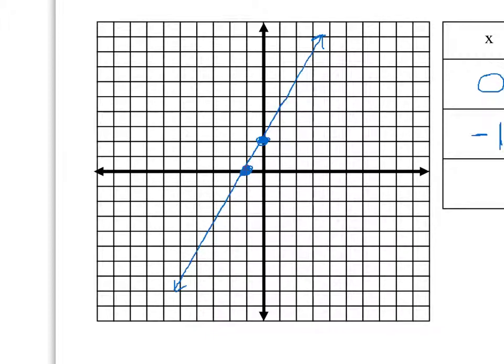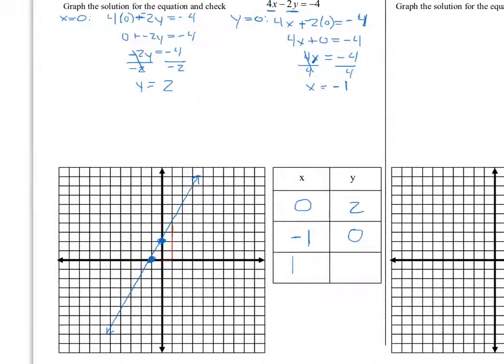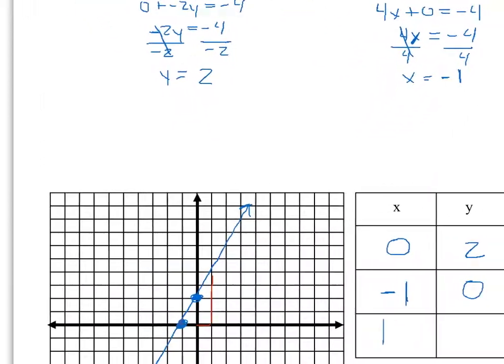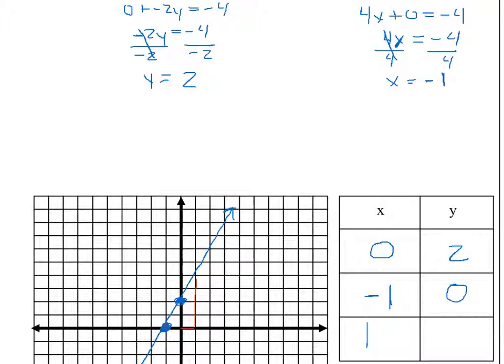So I'm going to be plugging in the x value for that. So it looks like this point should be over 1, up 4. I'm going to plug in x is equal to 1. And I'm going to check, do I actually get 4? Is that point going to be on the line? All right, so I've got x is equal to 1. This is my checkpoint. x is equal to 1.